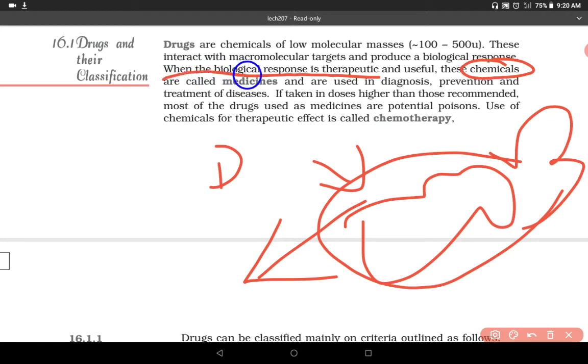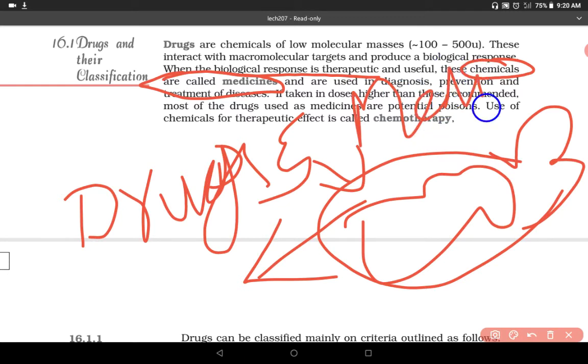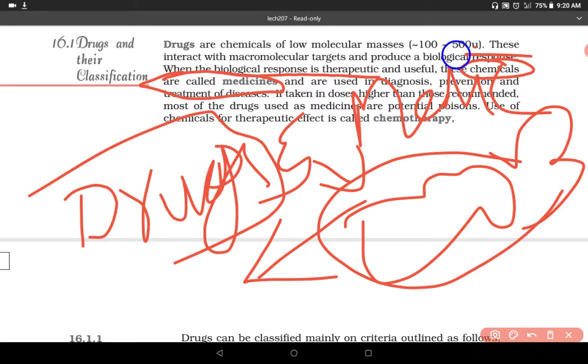So you get two definitions: drugs and medicine. What are drugs? Drugs are of lower molecular mass, interact with macromolecular targets and produce a biological response. But are all chemicals medicine?